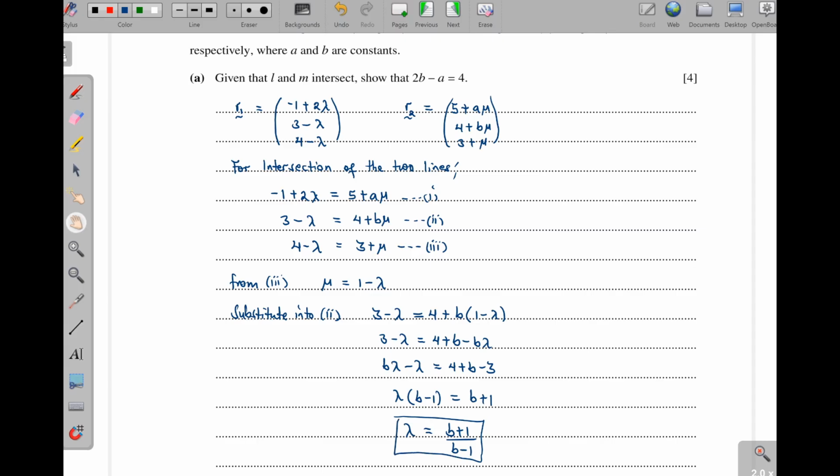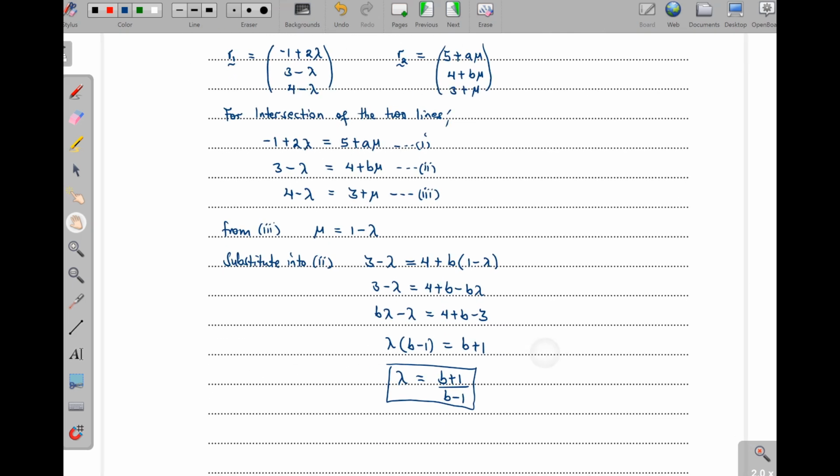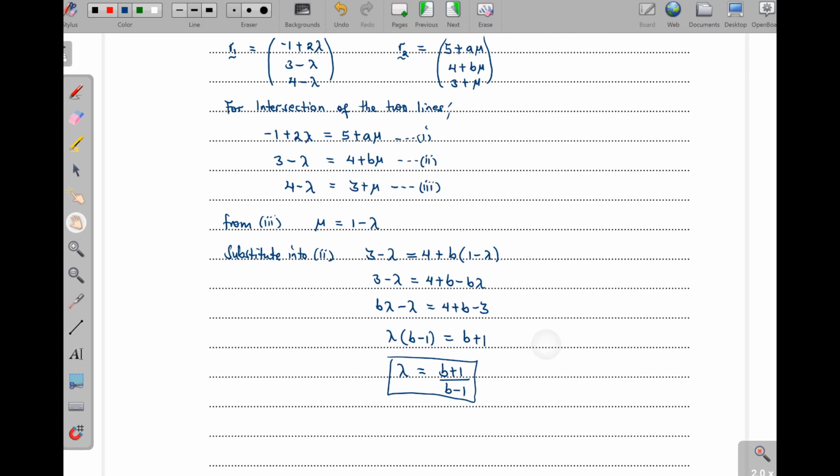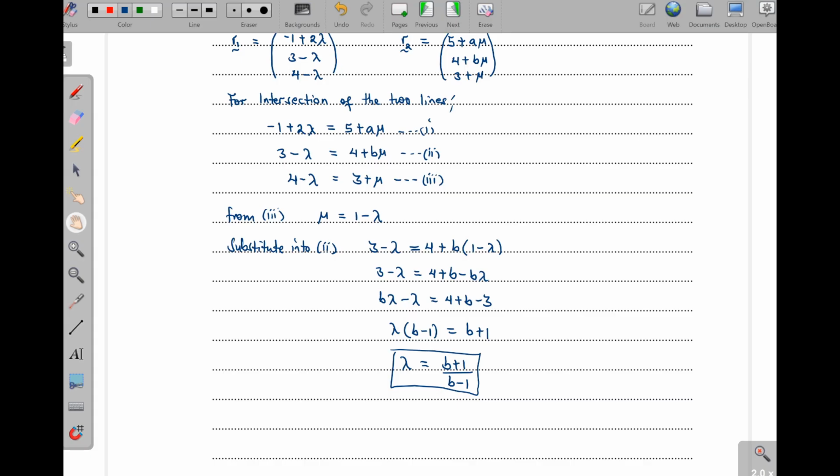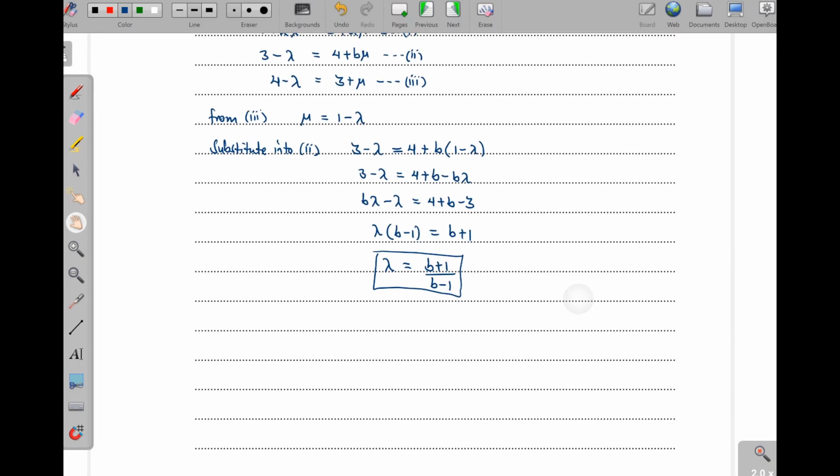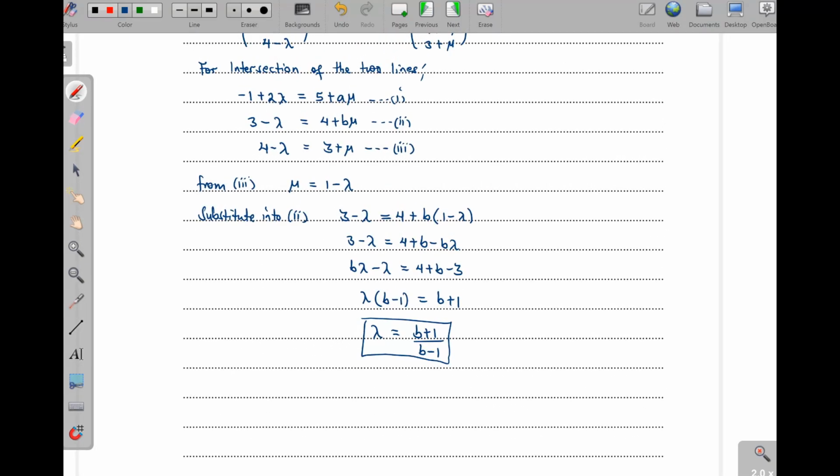Then after getting the value of lambda, we can now get the value of this mu here.